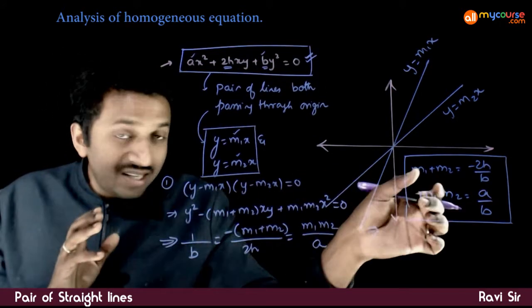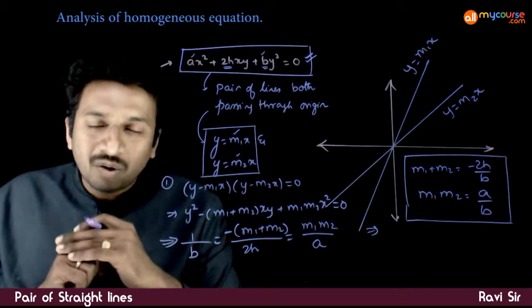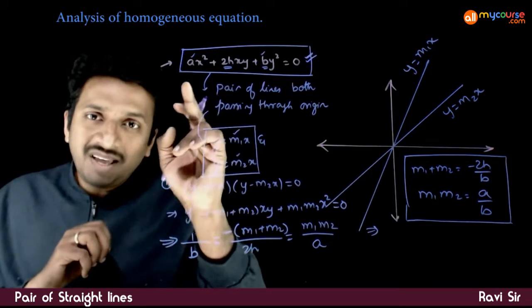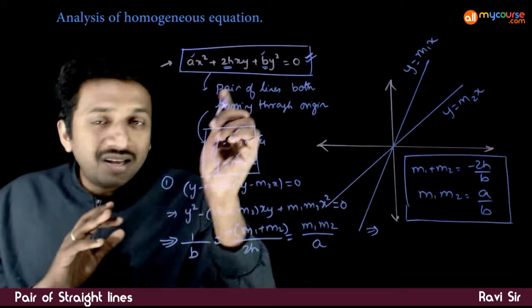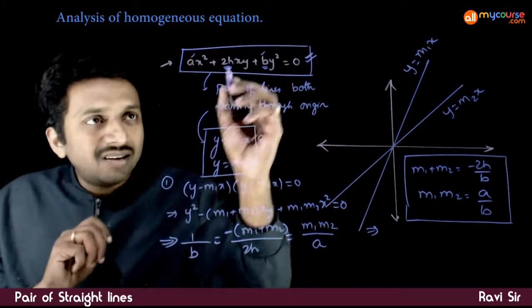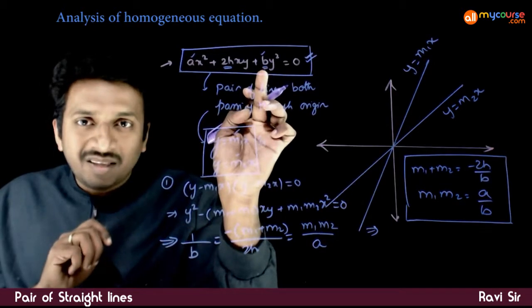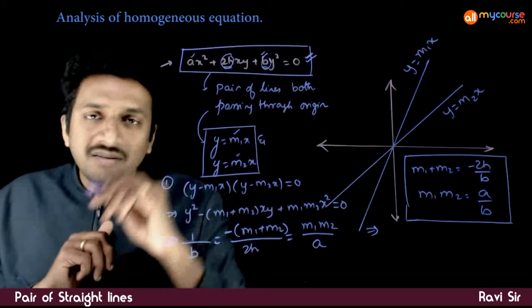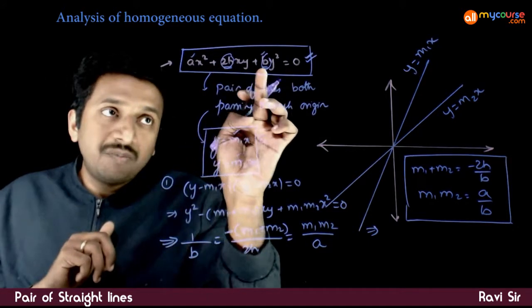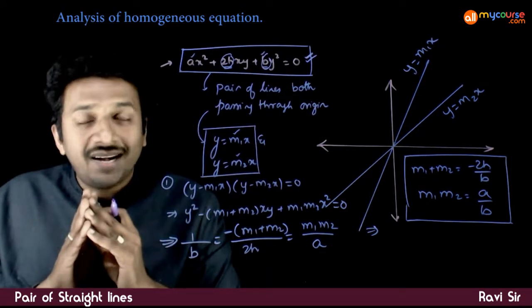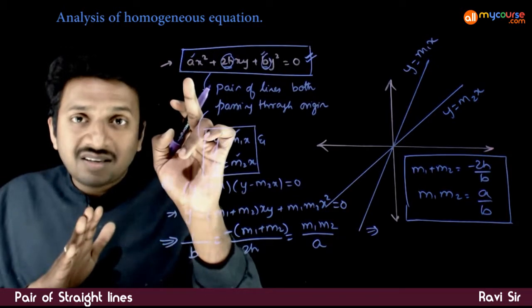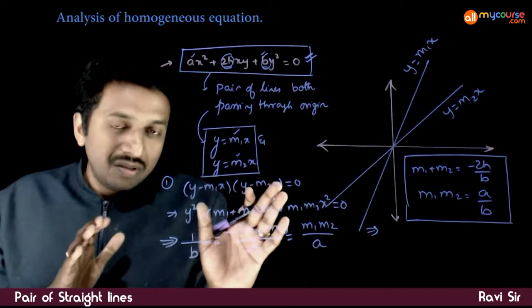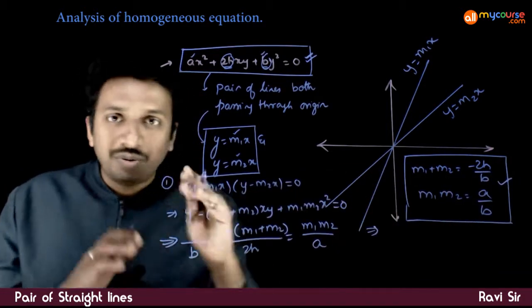So these equations look very similar to what you had in quadratic equations: minus b by a, c by a. Here, just remember that, keep in mind that you have b in the denominator, not a. So minus 2h by b, it is minus of xy coefficient by y square coefficient, and the product of the roots is a by b. So these are the equations which you remember.